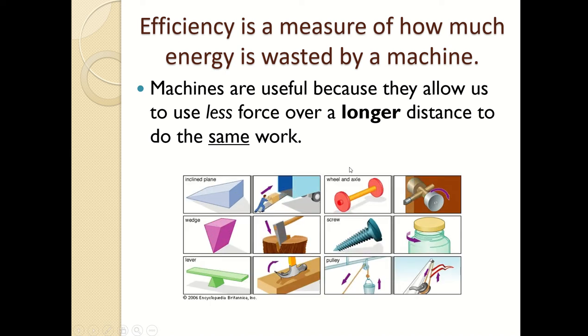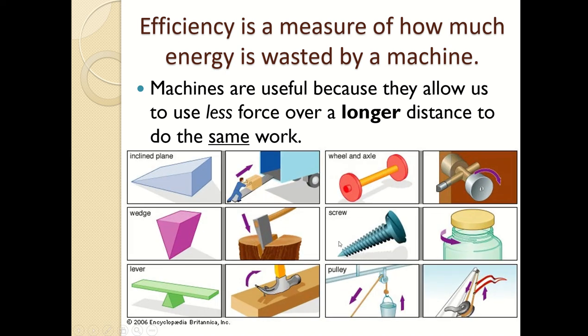So this comes down to mechanical advantage. We have some primitive tools that you probably remember from your junior science class: the inclined plane, wedge, lever, wheel and axle, screw, and pulley. All of these are primitive machines that people have used for centuries now, if not millennia, to help them do a lot of the work.